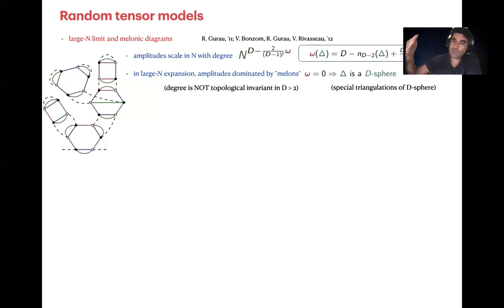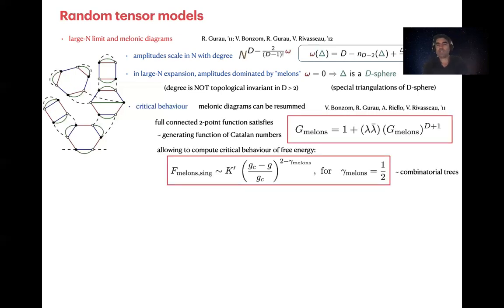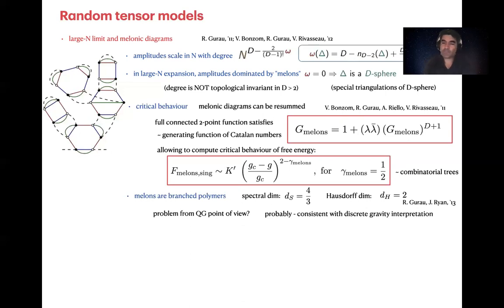So spheres will appear also at higher orders together with other topologies. The same large N limit allows to resum the melonic diagrams, so the perturbation series, and one finds a critical behavior corresponding to that of combinatorial trees. But the perturbative series can be resummed exactly. And this is quite a remarkable result.